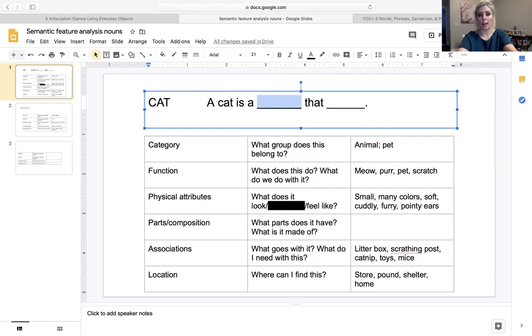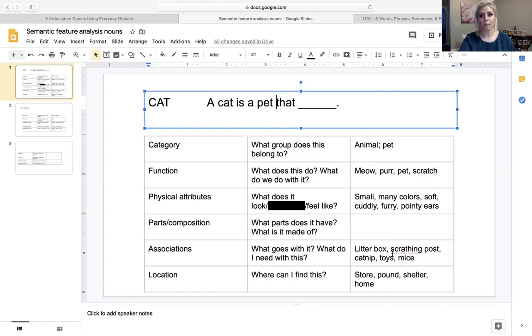So we can say an animal, and make sure to highlight the fact that you just put an, or a cat is a pet that, and then we need one or two, possibly even three, of the things that we've said down here that distinguishes a cat as being different from any other pet.